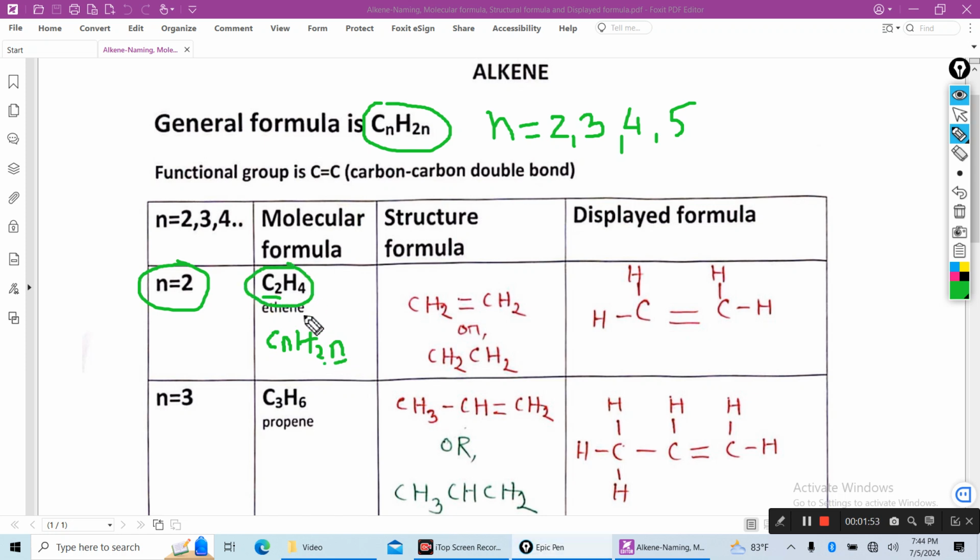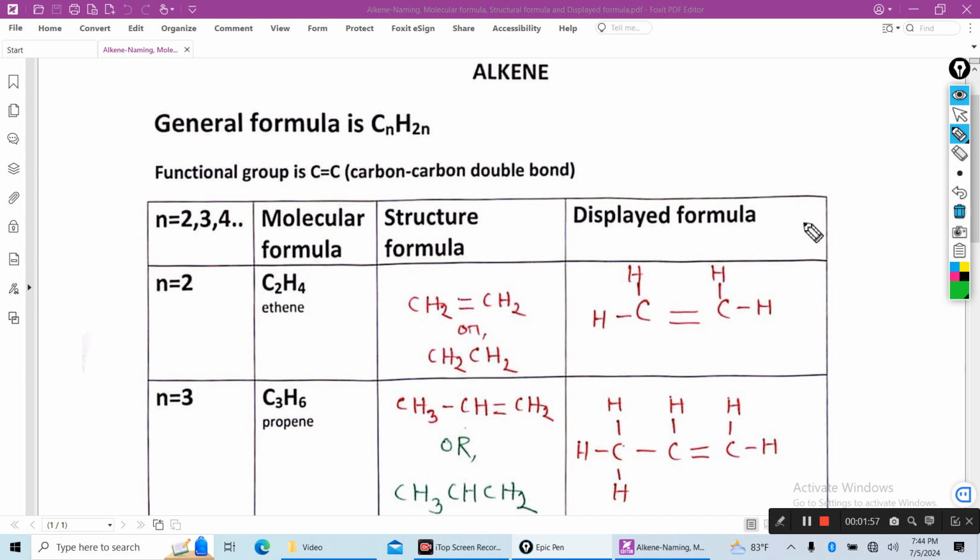The first member of alkene will be C2H4. This is ethene. If you put n equal to 2 in the general formula, you will get C2H4. So this name will be ethene, and its structural formula will be CH2 double bond CH2.